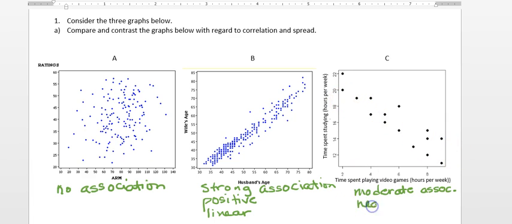Now we would say that this is negative since when you move from left to right, the points are going down in a negative direction. So that's how you would compare and contrast the correlation and the spread. So your spread is whether it is no association, strong or moderate, and your correlation is if they are positive, negative, and they're kind of clustered together.